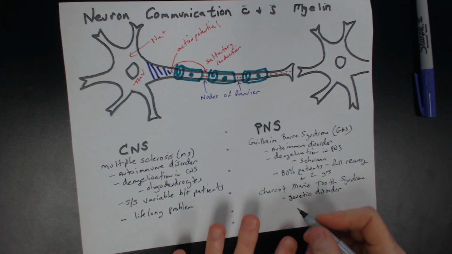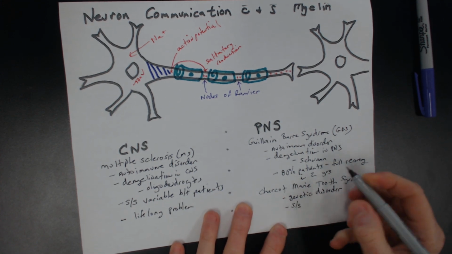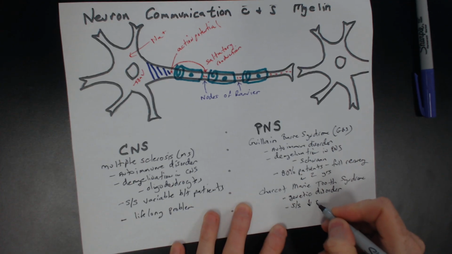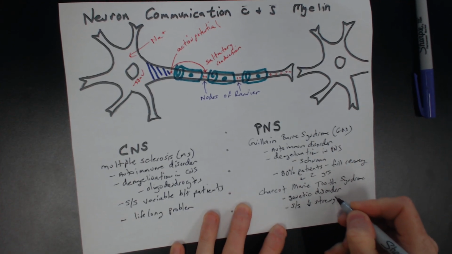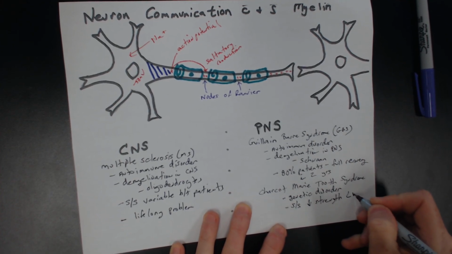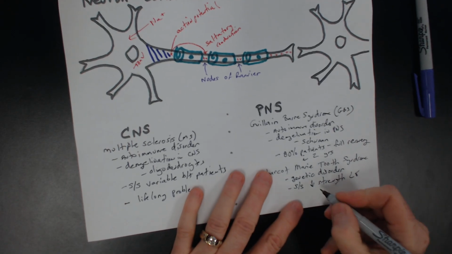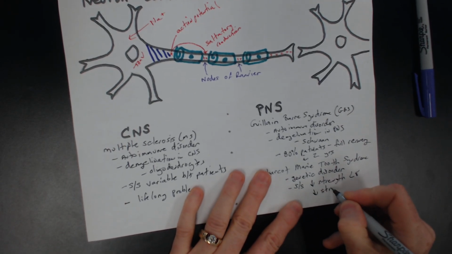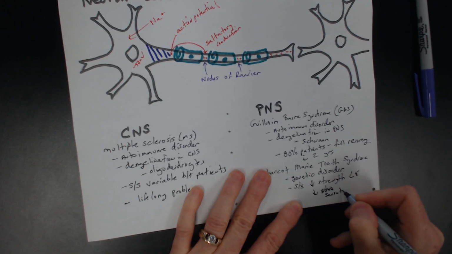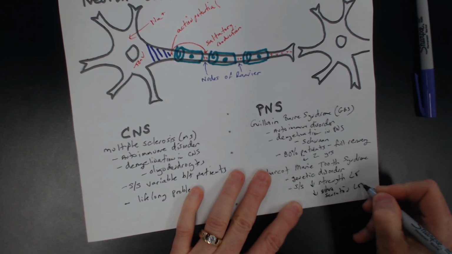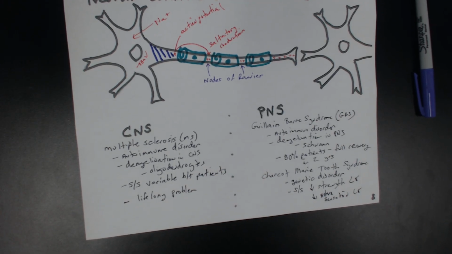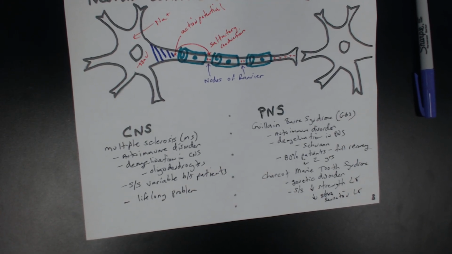It's good. Signs and symptoms are going to be specifically decreased strength in lower extremities, decreased strength and decreased sensation, specifically in lower extremities. Okay, a lot of information today.